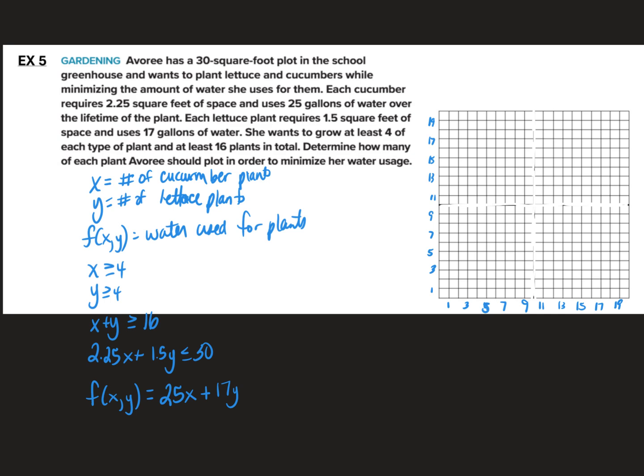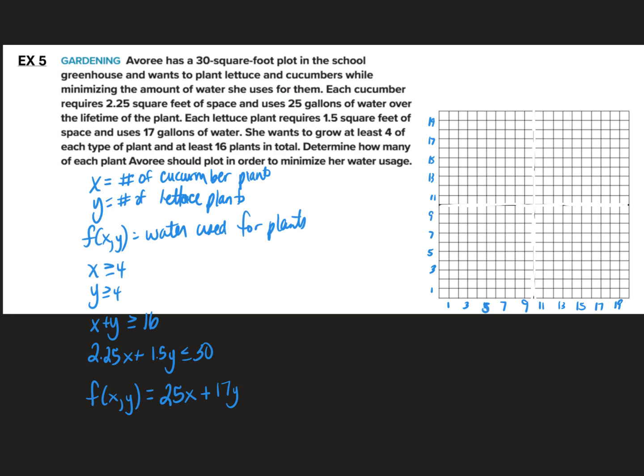The 30 square feet here is the total amount of space that Avery has to create this garden. The 2.25 is the amount of space, 2.25 square feet, cucumbers will take up, and that's why X is the number of cucumber plants. And then the 1.5 is the amount of space that each lettuce plant will take up, so 1.5 Y, and that's why Y stands for the number of lettuce plants.